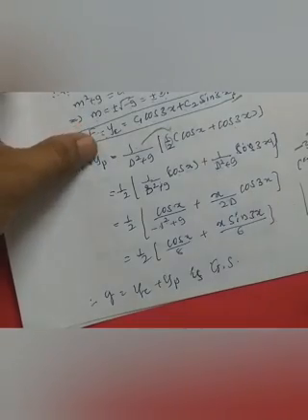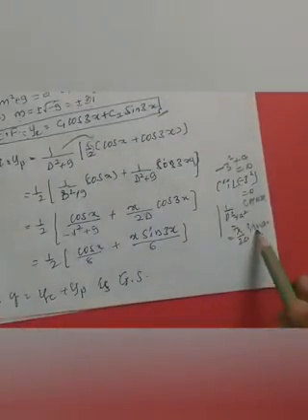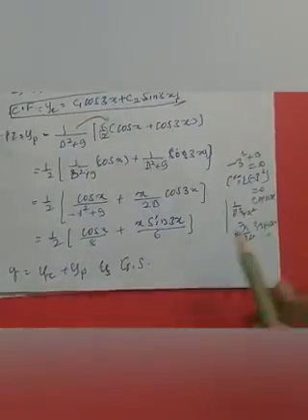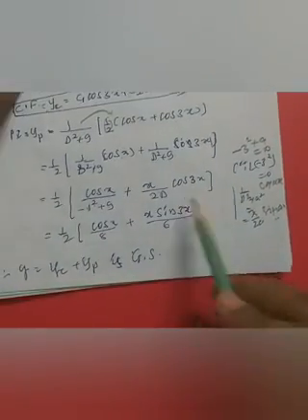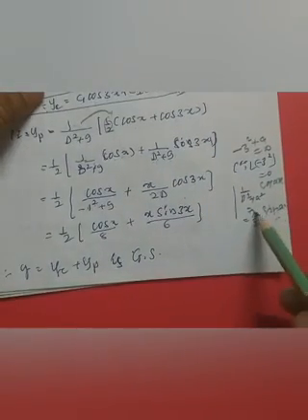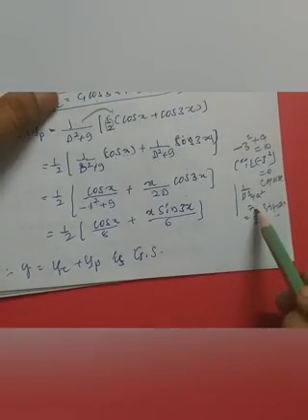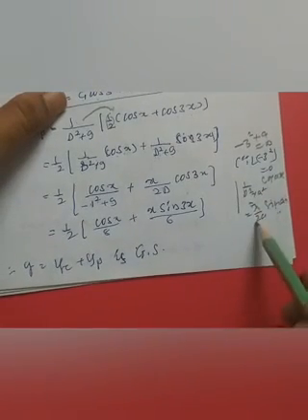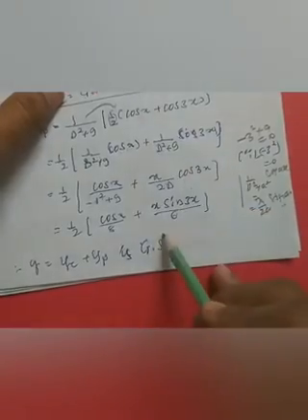So here using this formula, a is equal to 3. If you substitute a equal to 3, x into sin 3x divided by 2 into 3, definitely you will get this answer.